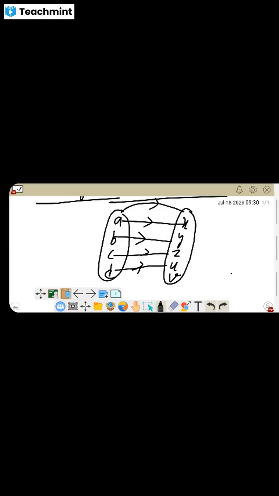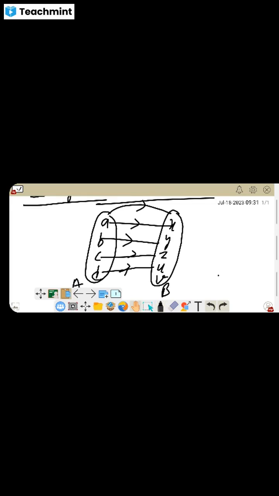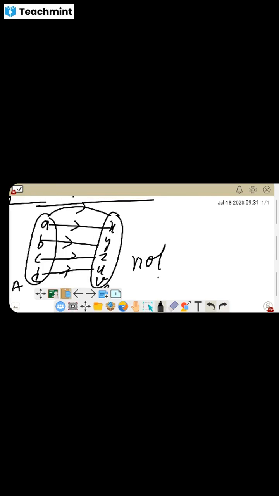For an onto function, each element of set B must have a pre-image in A. So here you can see this element V doesn't have any pre-image in set A. So this is still a function, but not an onto function.